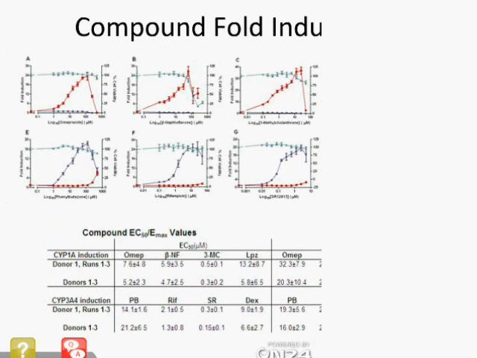So again, by including that third piece of information, the cell viability data, you can see whether that decrease in induction is due to true inhibition of the enzyme at high concentrations of compounds, such as seen in omeprazole, or whether it's due to the compounds at high concentrations just killing off the cells, such as is seen in lansoprazole.